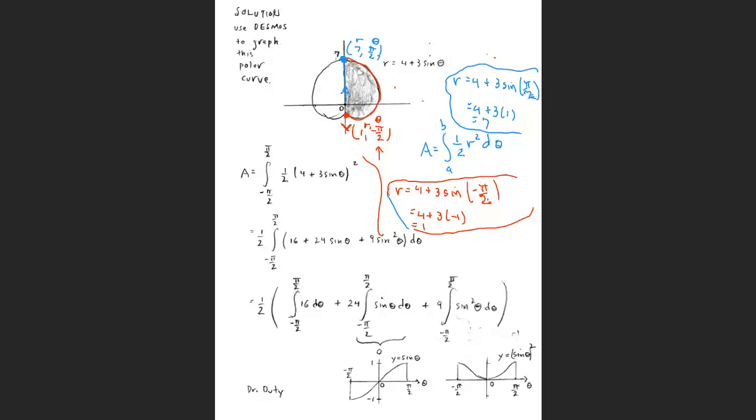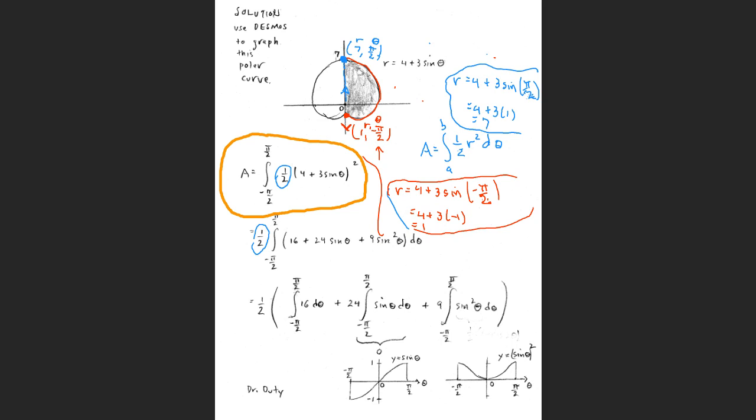Okay, so now we utilize the formula to find the area. There it is. That's the formula, and of course, 4 plus 3 times the sine of theta. If I can expand that, the 1/2 I bring out front.